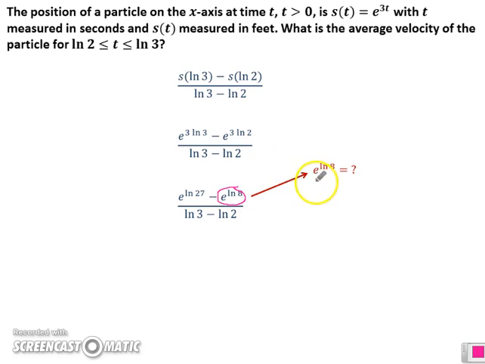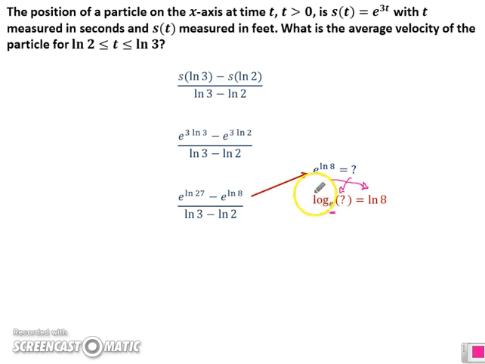So we can take this expression and rewrite it as a log. And then the log is going to have the base of e, because this is the base of the exponent. The base of the exponent is the base of the log. The exponent is actually what the log is equal to. So you can rewrite this where it's a log with the base of e, and the exponent is what the log is equal to. And then this piece is actually the argument of the log.